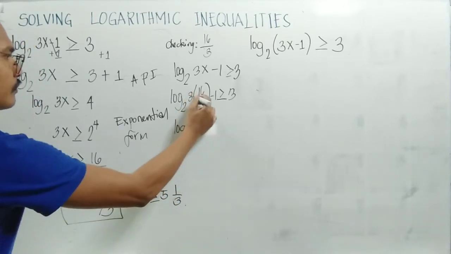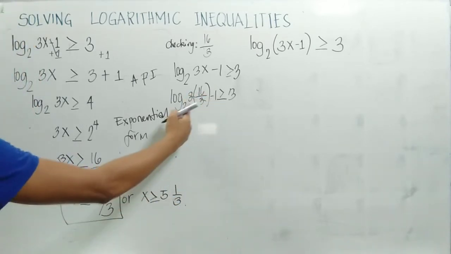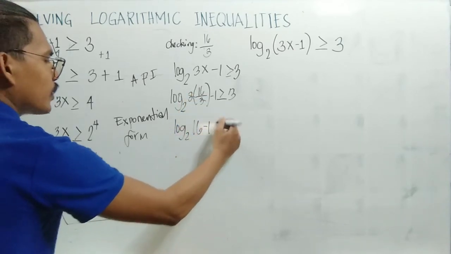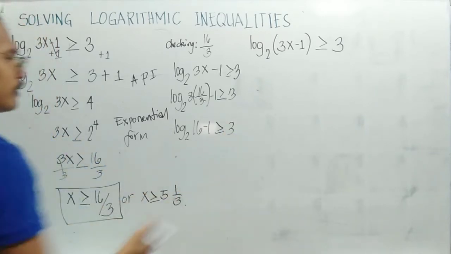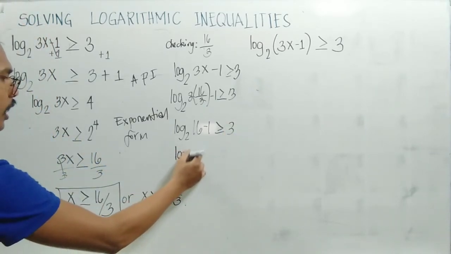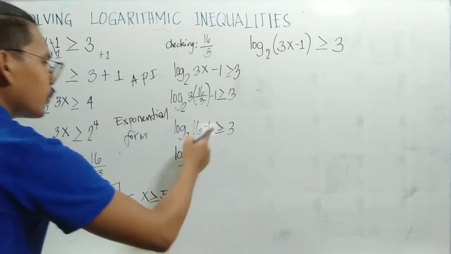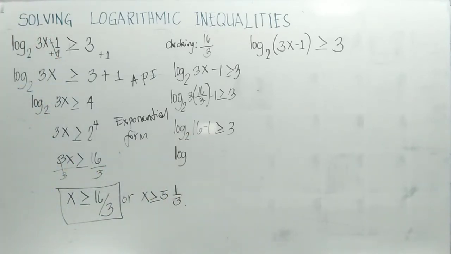Simplifying, 3 divided by 3 is 1 times 16, that is log of 16 minus 1.